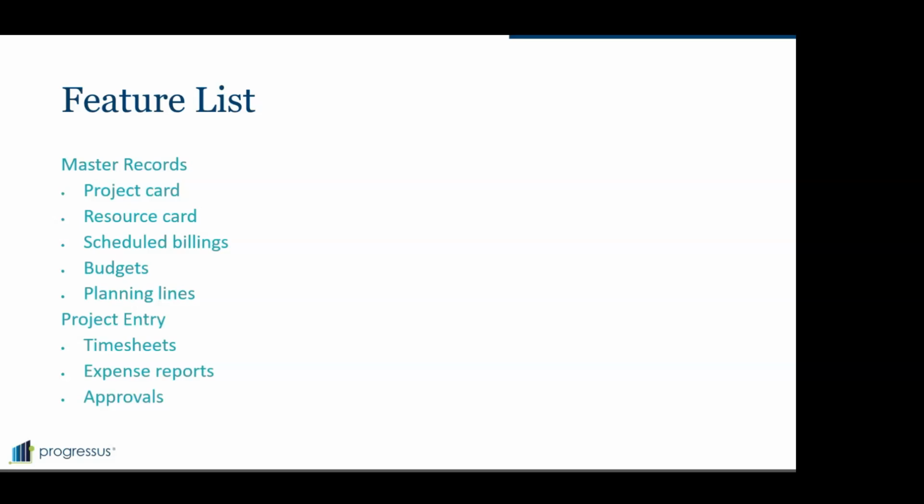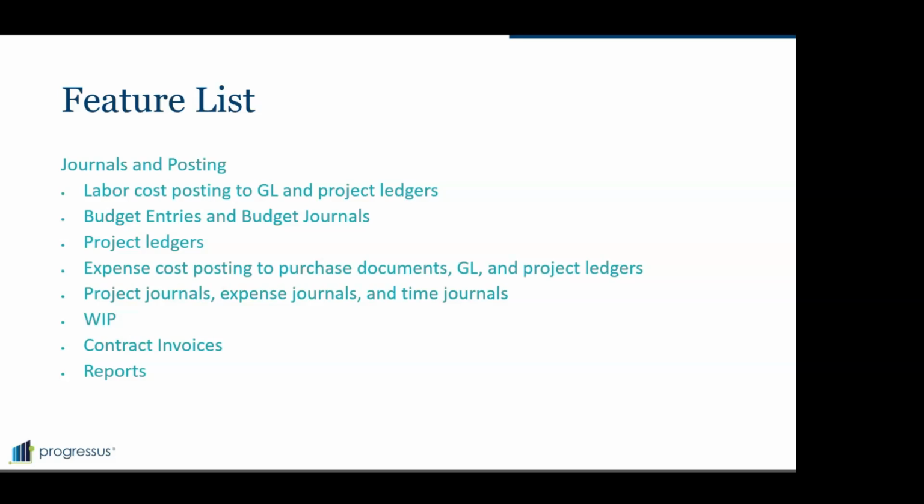And then as you transact entries for projects, we also need the ability to track the company throughout as well. That would include timesheets and expense reports, as well as approval of those timesheets and expense reports. Then, the downstream effect of all those transactions is that you'll get posting records to GL for your labor, your expenses, your budget entries, and your journals.